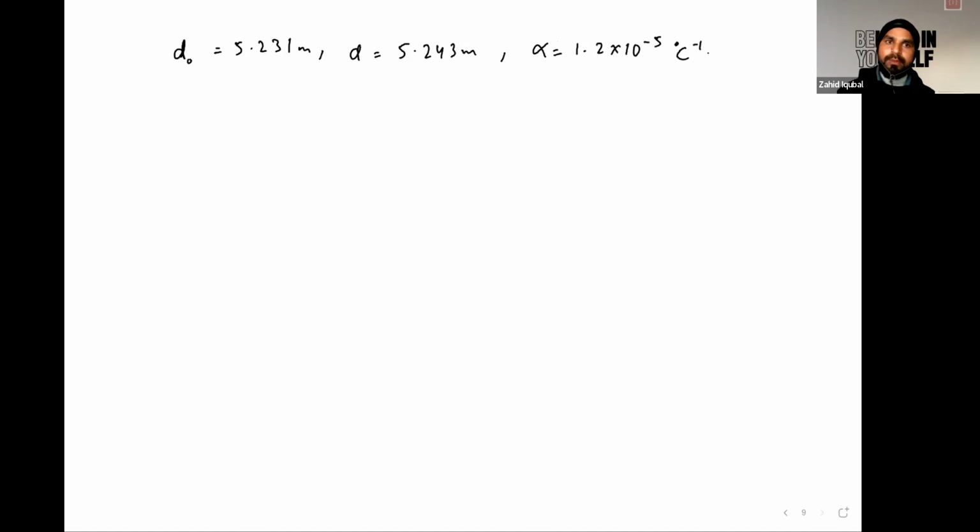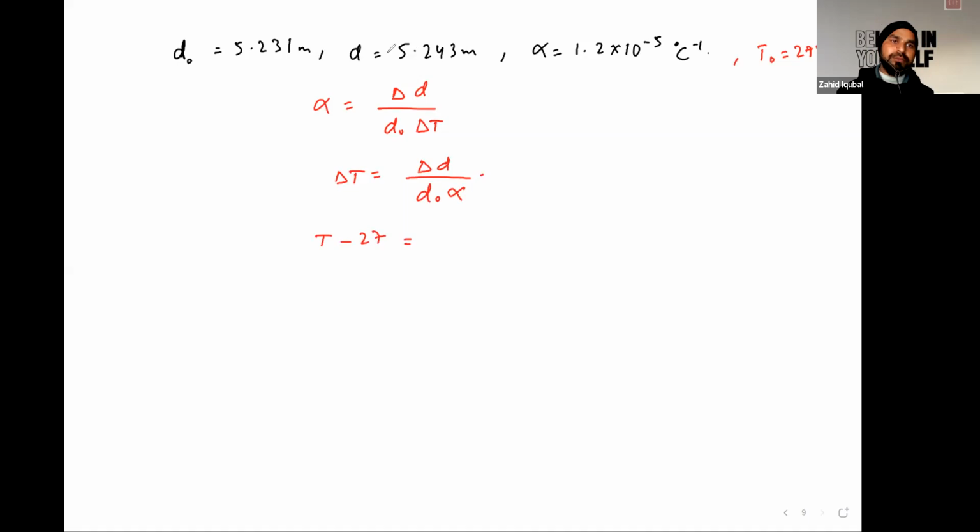So according to the formula, we have to calculate the final temperature. This entire thing is at some initial temperature, 27 degrees Celsius. According to the formula, alpha is equal to delta L, in this case we can write delta D, divided by initial D with change in temperature delta T. So delta T is equal to delta D divided by D naught times alpha. Delta T is final temperature minus initial temperature. Delta D is the change in diameter.